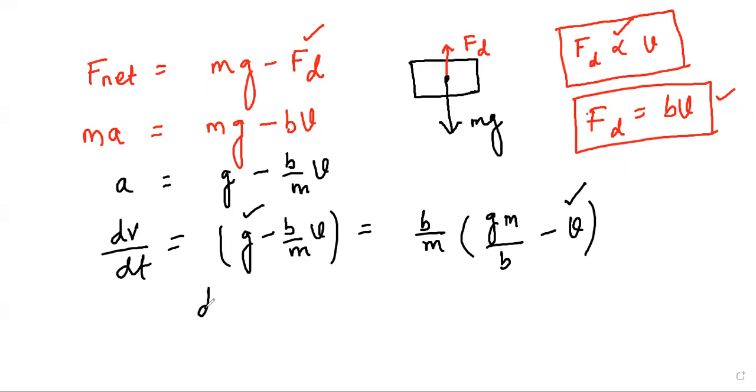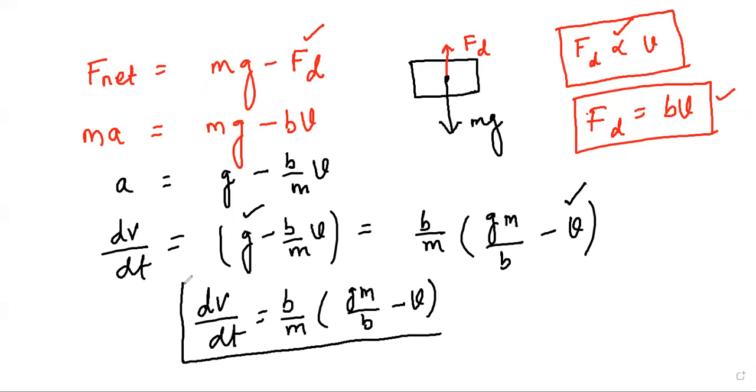So finally we have dv by dt is equal to b by m times (gm by b minus v). This is the differential equation one would solve to get the value of velocity as a function of time.